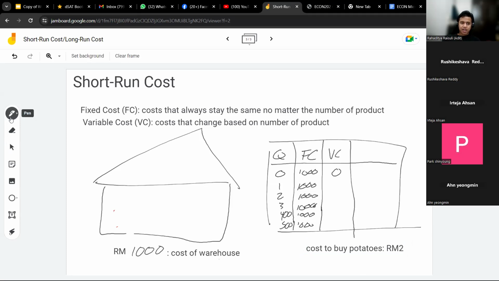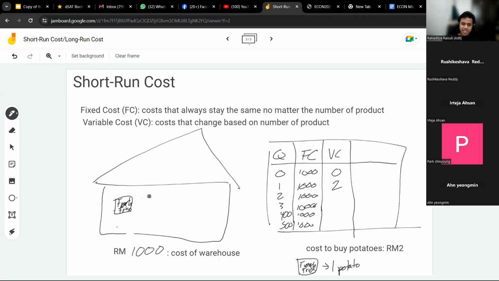Whenever you want to make one box of French fries, you need one potato. One potato costs 2 ringgit. If I want to make one packet of French fries, then the variable cost of making it is 2 ringgit, because I need to spend 2 ringgit on the potatoes.